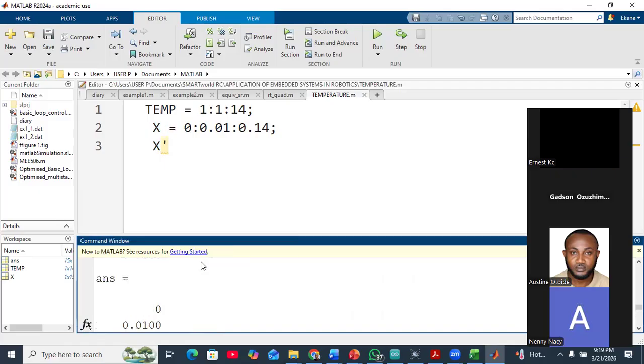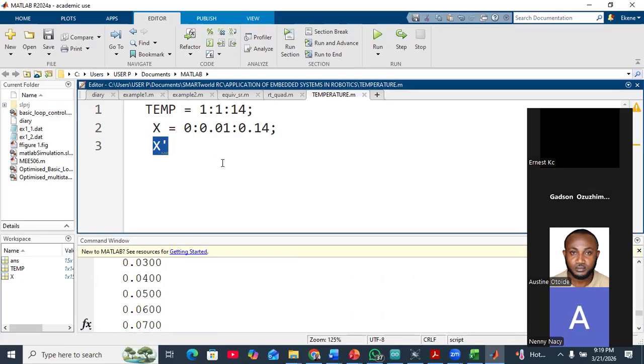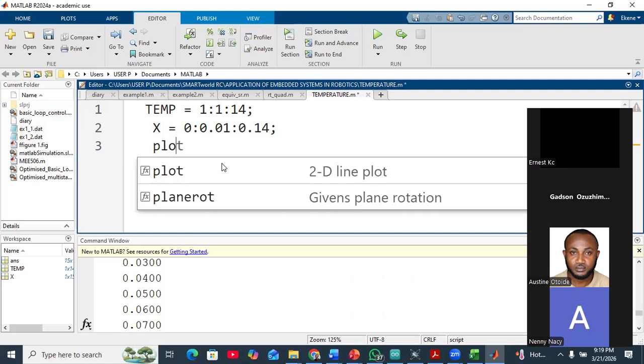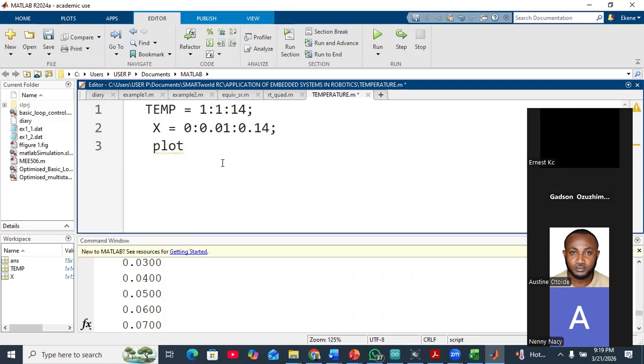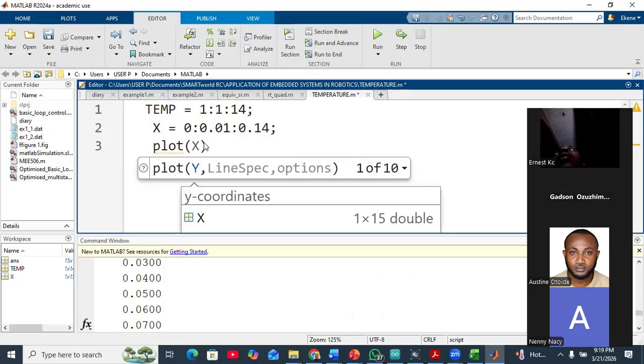So we said that we plot y, or rather, based on that graph, y is equal to mx. MATLAB takes the horizontal value first. We plot x against, that's y against x, that's temperature.